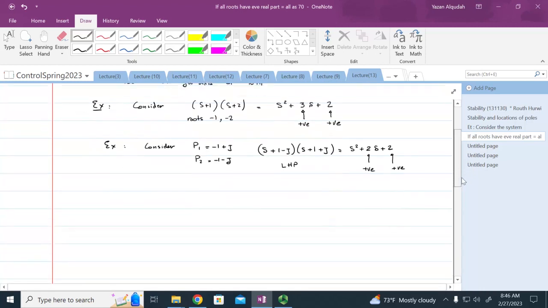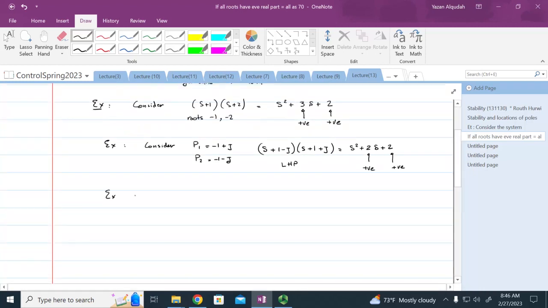Let's look at a third example. If I have a pole at -1 plus j, a second pole at -1 minus j, and a third pole that is at 1. What is the polynomial? It is going to equal (s minus 1) multiplied by (s plus 1 minus j) multiplied by (s plus 1 plus j), and it is going to equal s cubed plus s squared minus 2.